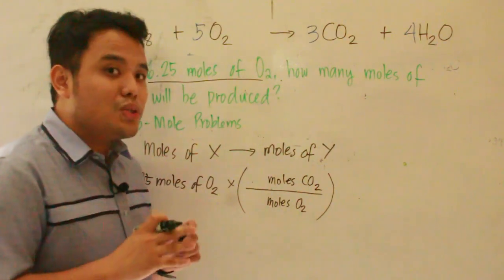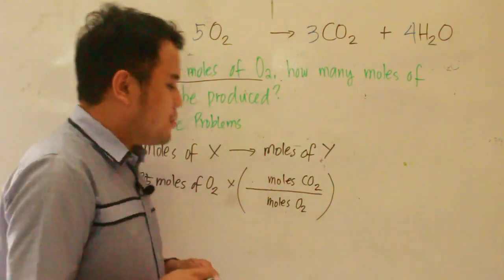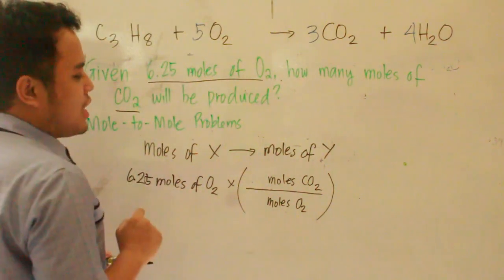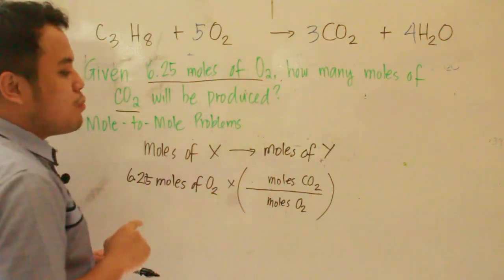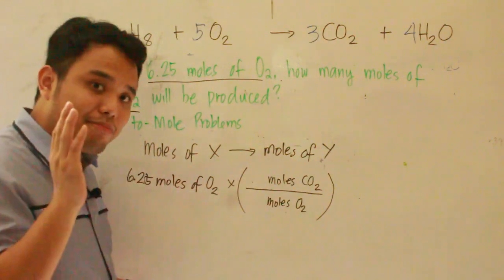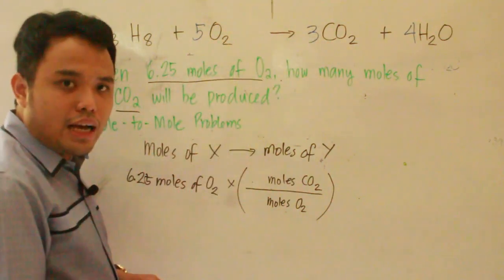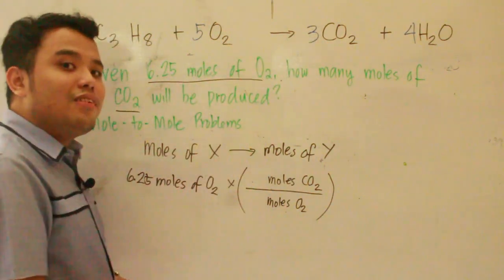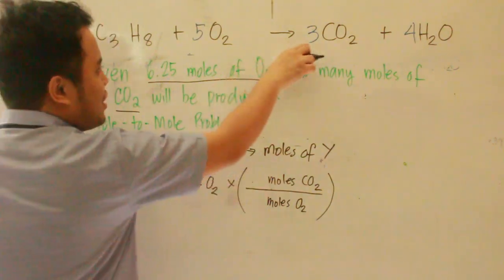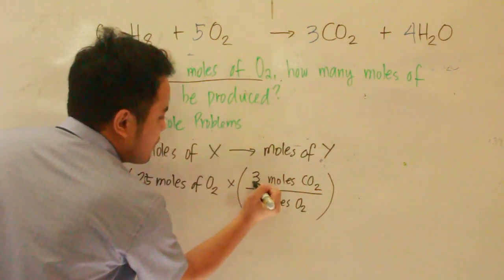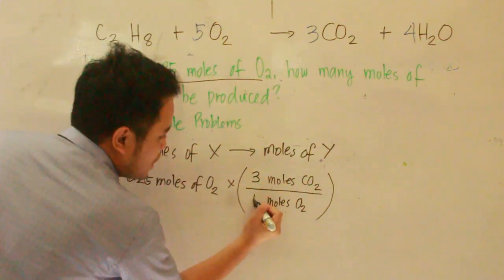Now, let's use our mole ratio. Again, how many moles of oxygen gas are there to produce moles of carbon dioxide? 5 moles of oxygen to 3 moles of carbon dioxide. Let's put it in the right places. 3 moles of carbon dioxide, 5 moles of oxygen.